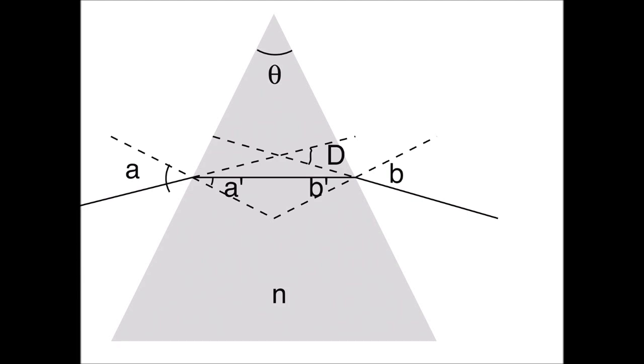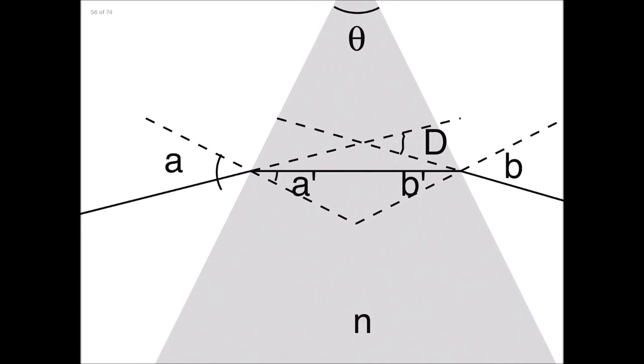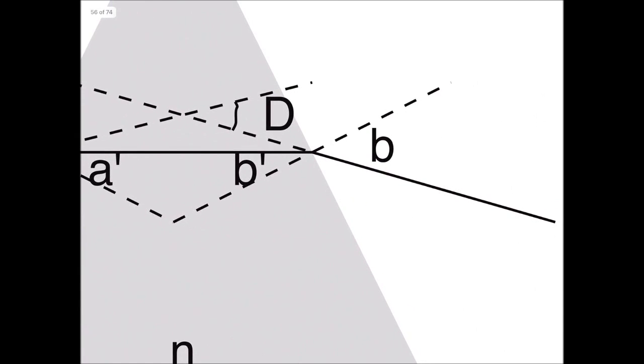If you look at this, the dotted line on the left hand side is the normal to the plane. So A is the angle of incidence and A prime is the angle of refraction. And on the other side, B prime actually is the angle of incidence, because now the ray is traveling from inside the prism to the outside, and the angle B is the angle of refraction.